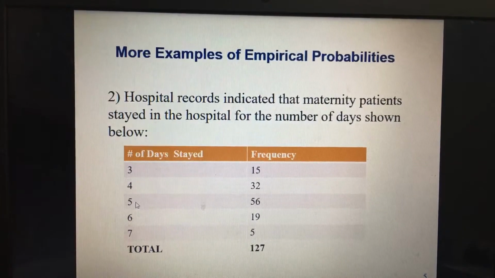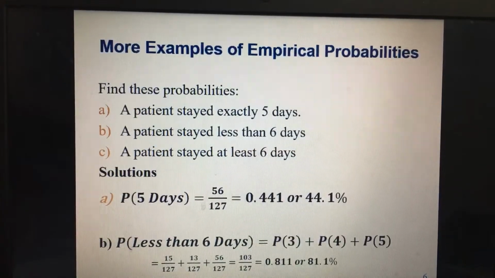So the probability of the patient staying less than 6 days means the probability of staying 3 days plus the probability of staying 4 days plus the probability of staying 5 days. Now for 3 days, how many stayed 3 days?